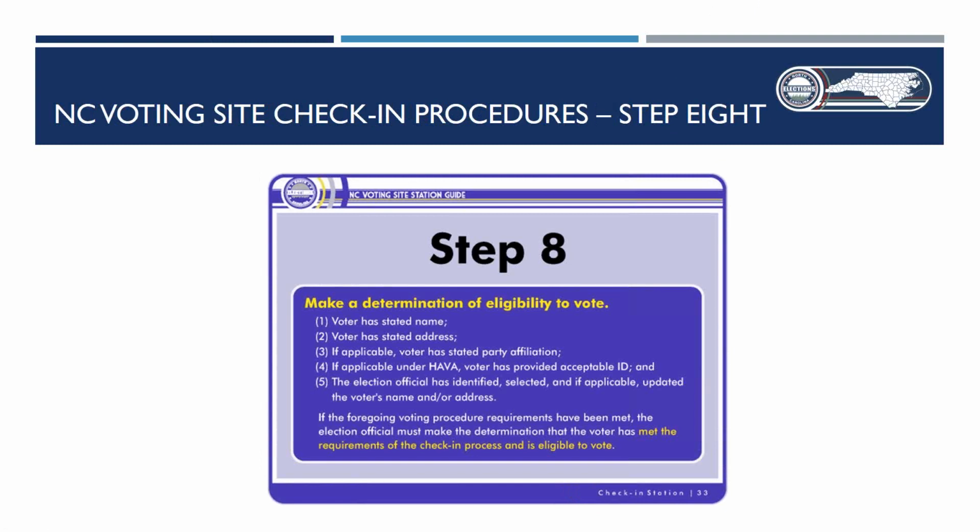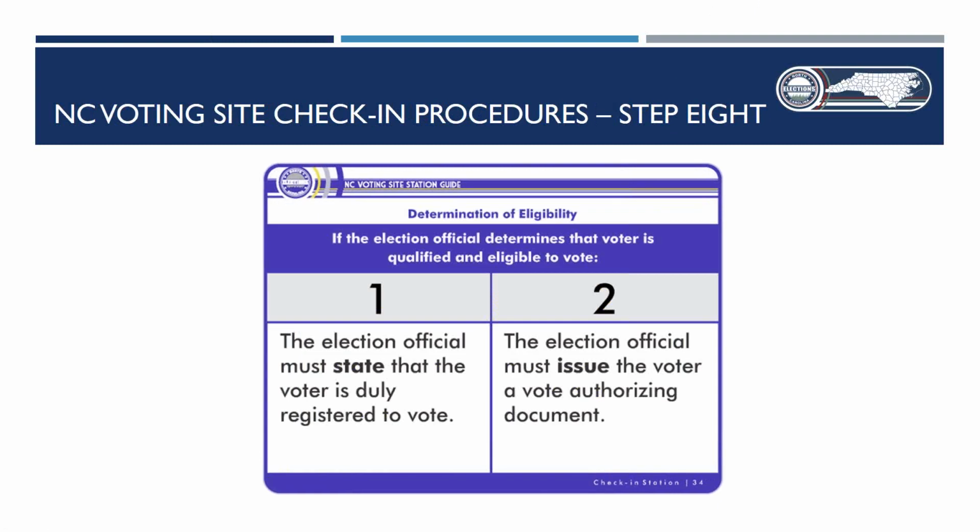Right. So basically in SOSA at this point, you can hit the vote button. Okay, so that's exactly what John just said, steps 1 and 2. The election official will state that the voter is duly registered to vote and issue the voter a vote authorizing document. Ta-da!